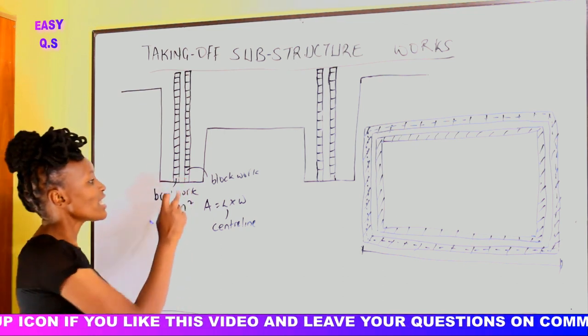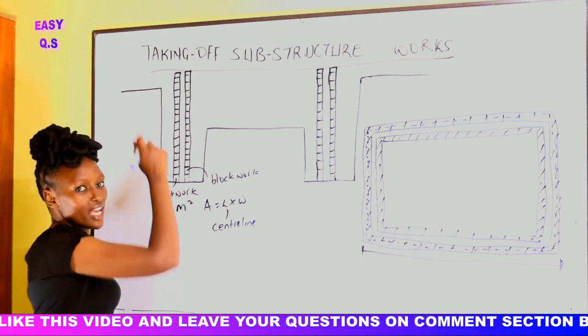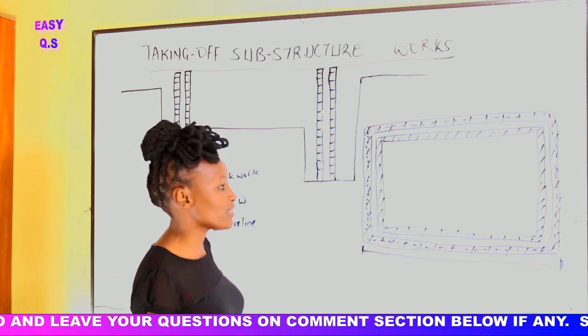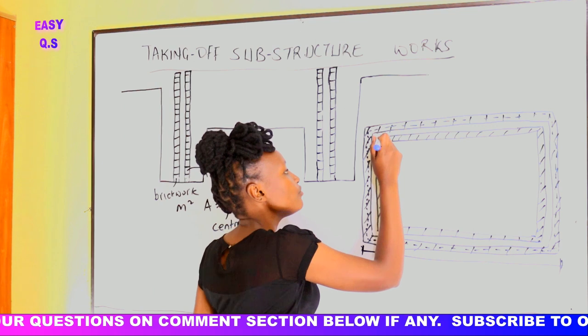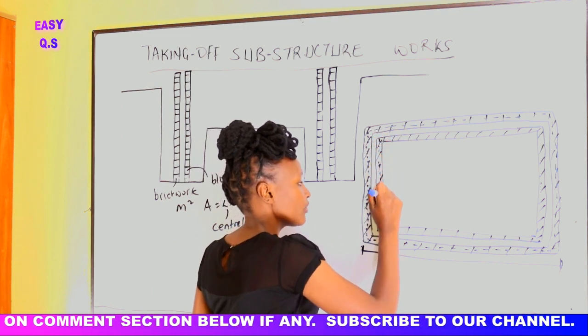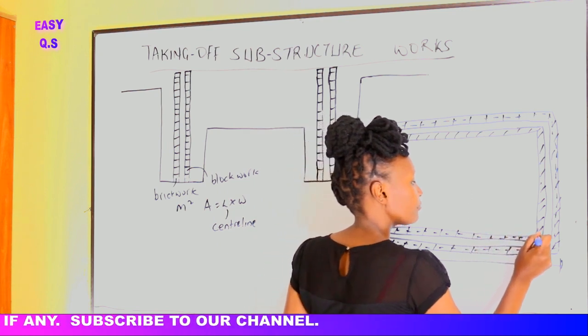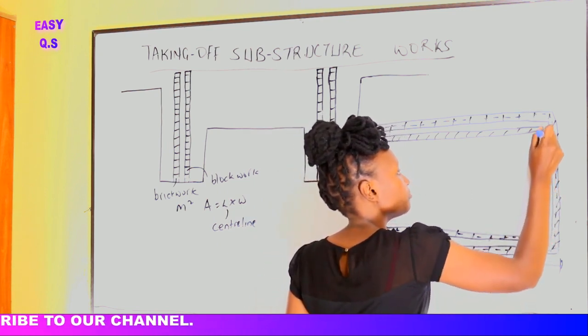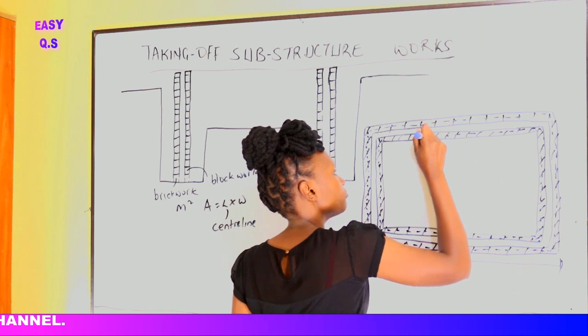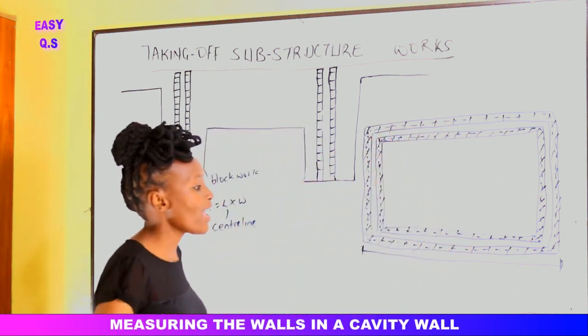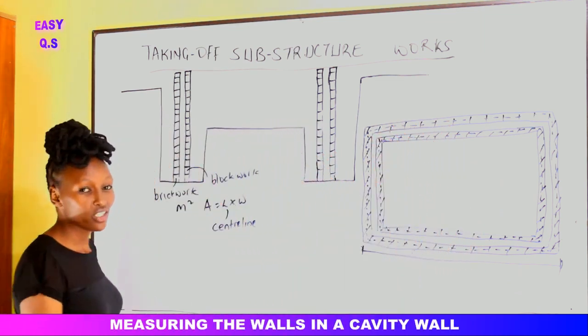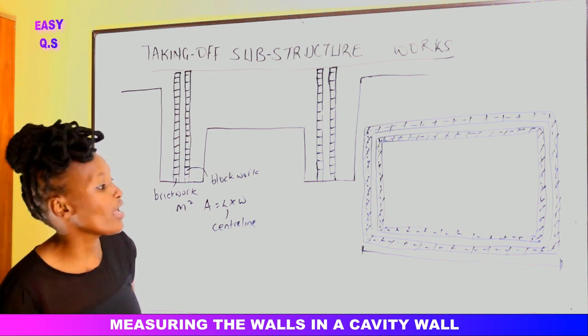We shall take the center line of the blockwork times the height. So how do we calculate the center line of the blockwork? We shall have to find this center line here, the center line of the blockwork. Then we multiply by the height. Alright, so we shall get the area of the blockwork.